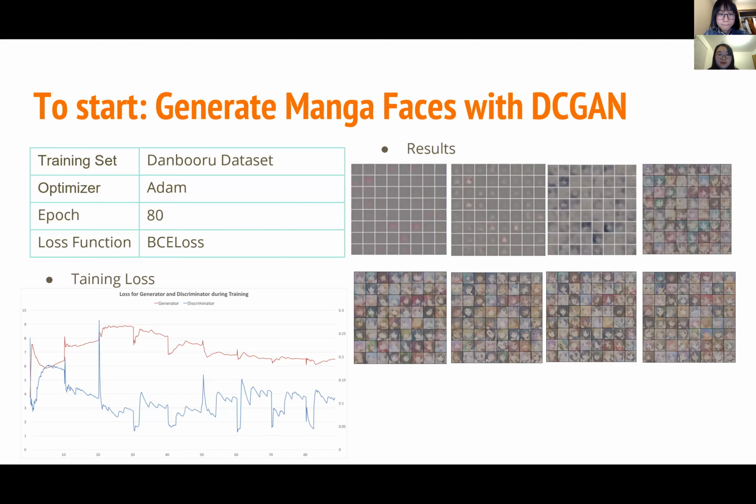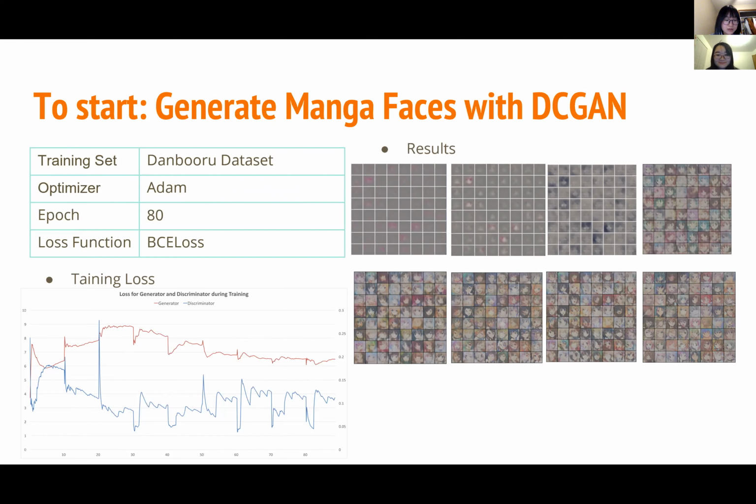To start with, we try to generate manga faces with DCGAN. The training dataset is the Danbooru dataset. The optimizer we use is Adam. We train this model with 80 epochs, and on the left you can see the training loss for both discriminator and generator.